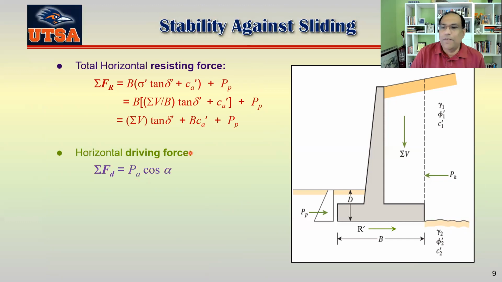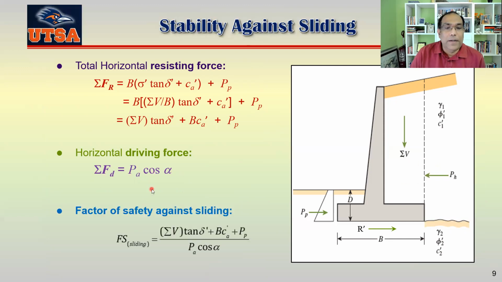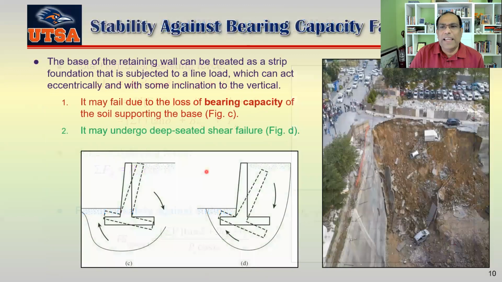So the horizontal driving force that's coming here is basically your PA cosine alpha, okay? PA cosine alpha. And then your factor of safety would be this divided by this, okay? Now let's see what would be your stability against bearing capacity, okay?